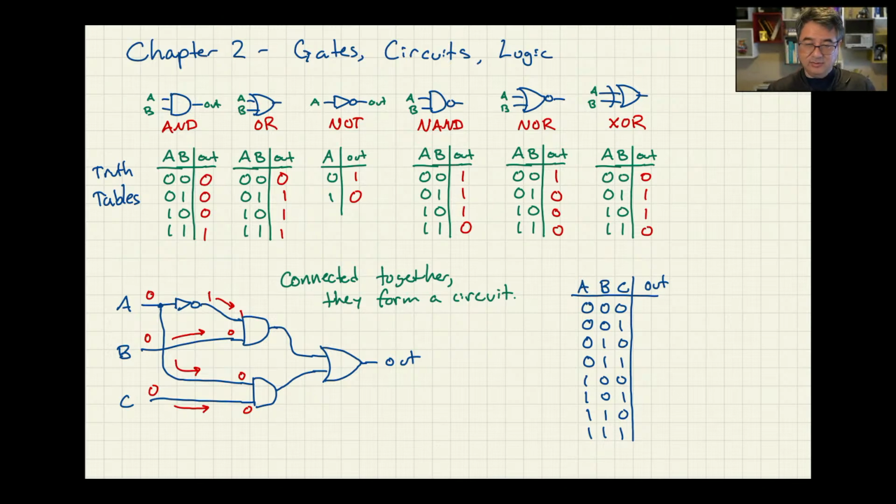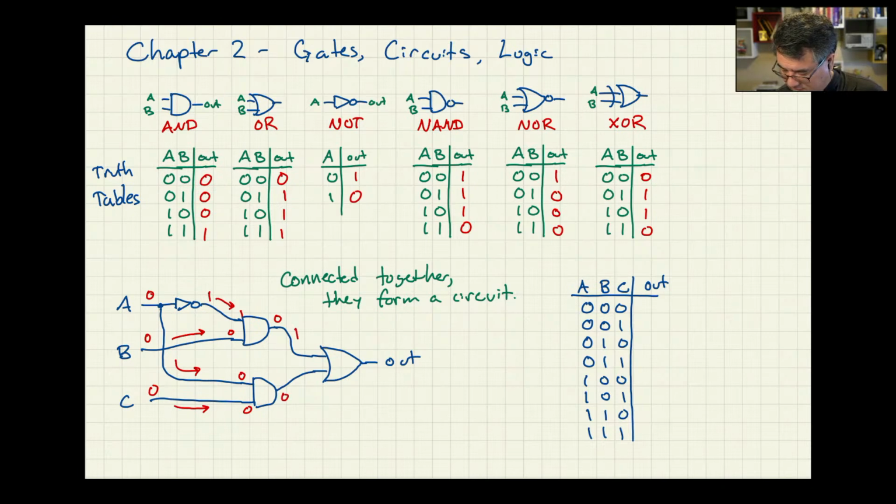Okay, so now we've got a 1, a 0 on the top AND gate, and a 0 and a 0 on the bottom one. Now we can look in the truth table and see what the output of this AND would be, or you could just figure it out, right? So if one of the inputs is a 1 and one is a 0, then we look here in the truth table, and we can see that the output of the first AND is 0, and for the second AND, it's also a 0.